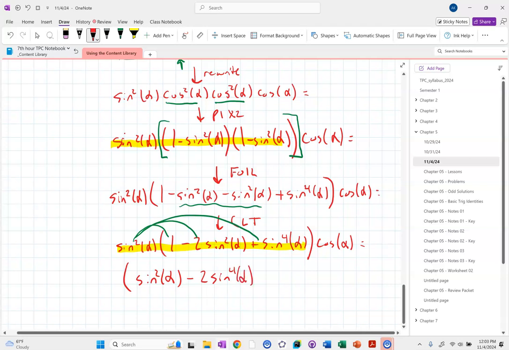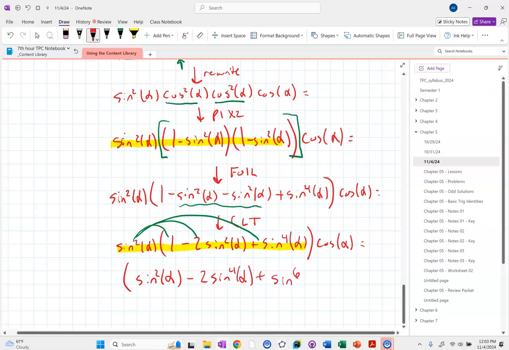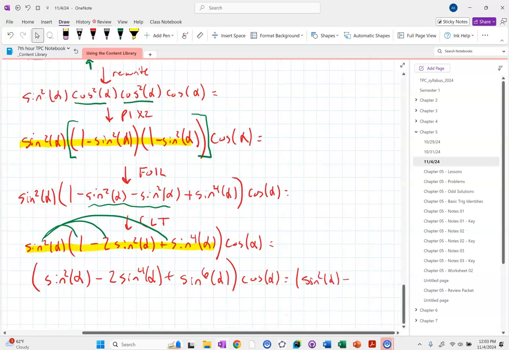Remember, we're adding exponents when we multiply. And then sine squared times sine to the 4th is going to be sine to the 6th. Again, adding exponents. And that is exactly what I had on the other side there.